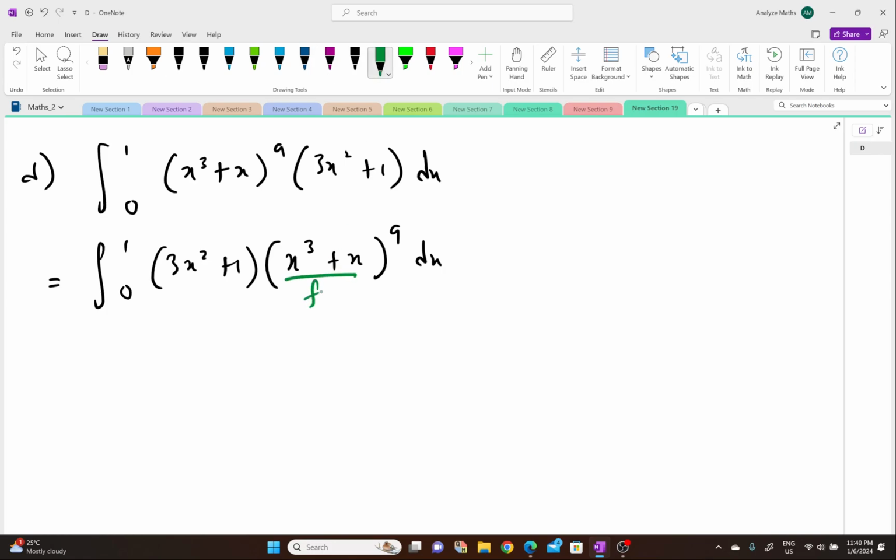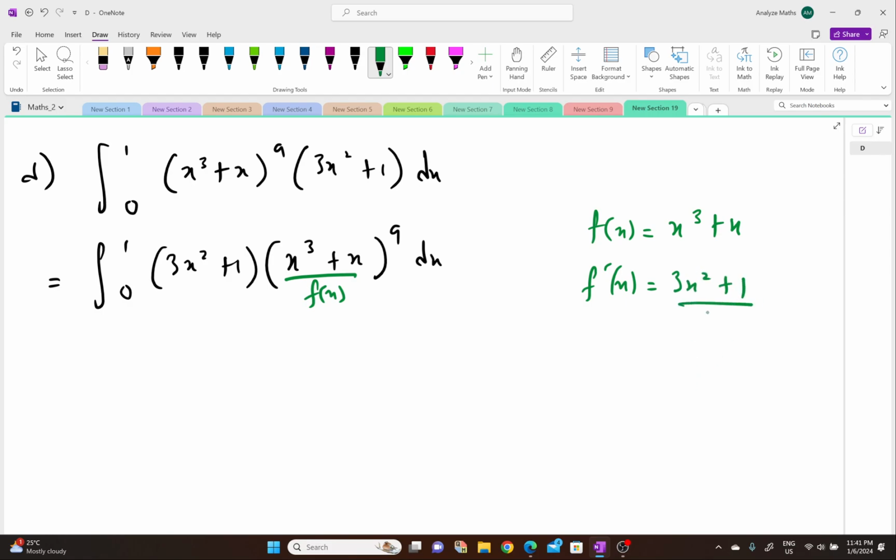This is your fx. The fx is always the one with the power. F prime would be 3x square.